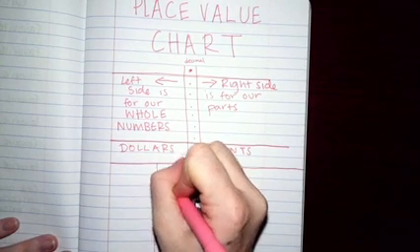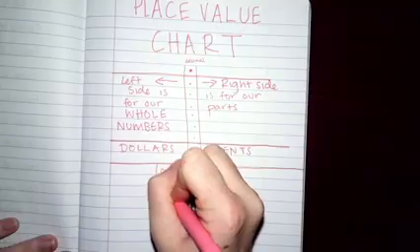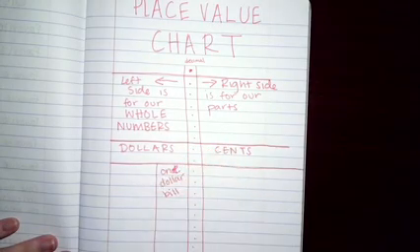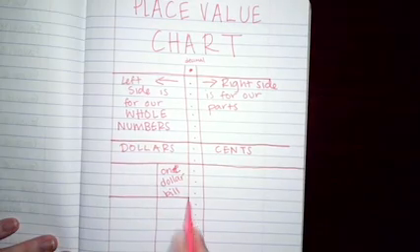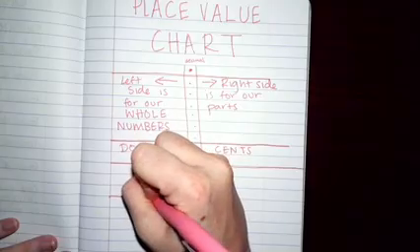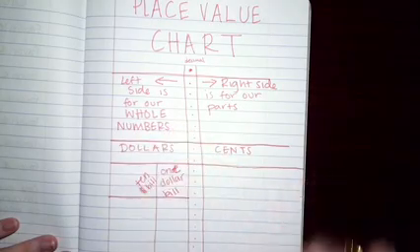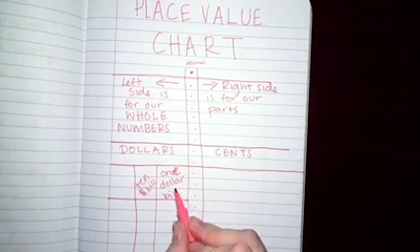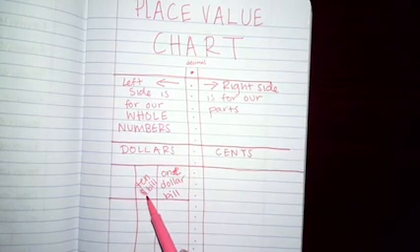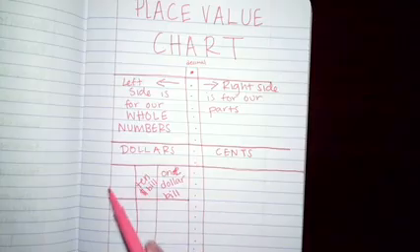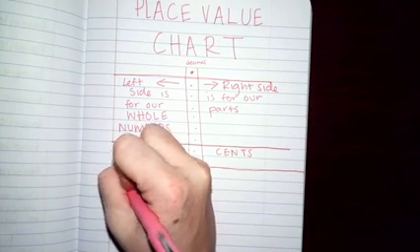This is our $1 bill. This is our $10 bill. So here you'll see I wrote dollar, and here I wrote the dollar sign. You can do either one. This is just a symbol for taking notes, so I don't have to use up too much room. And this is our $100 bill.